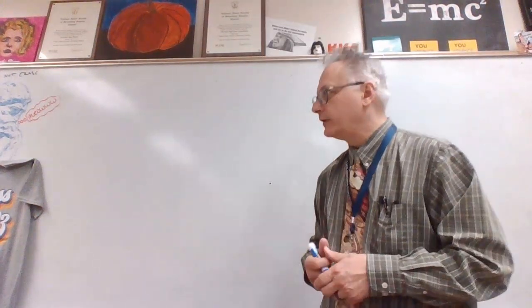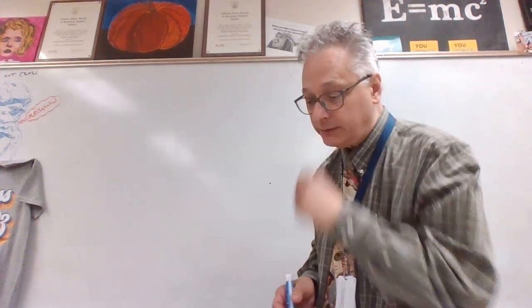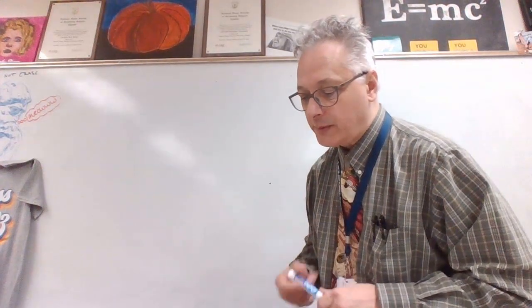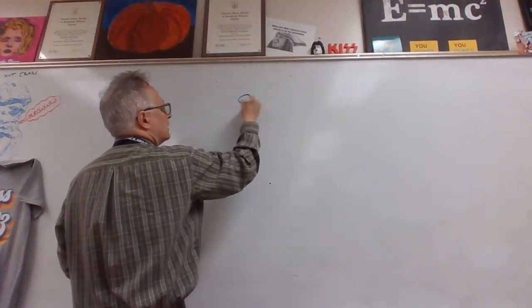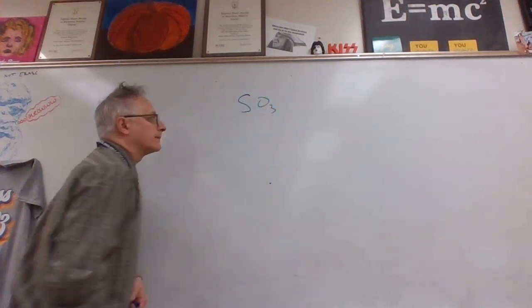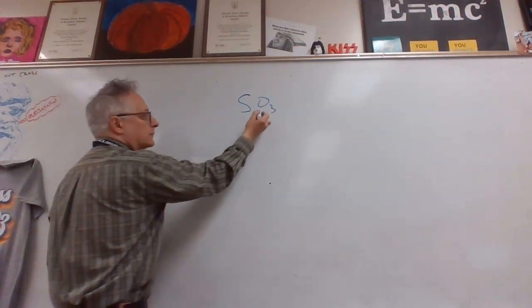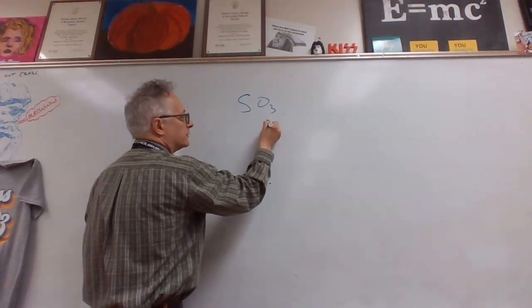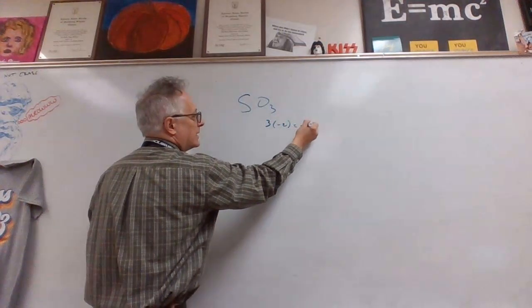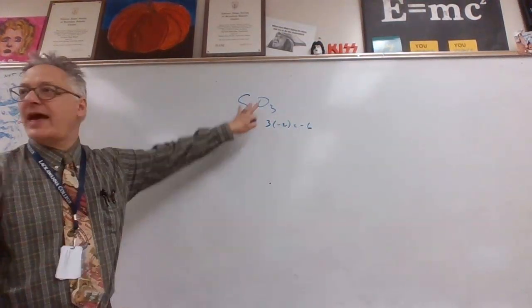I'll pause this. Okay, let's take a look at these particular covalent compounds or polyatomic ions. First one is sulfur trioxide. By now, you're going to see oxygens in these things, and each one's going to be -2. 3 times -2 is -6. Remember, they have to add up to 0.